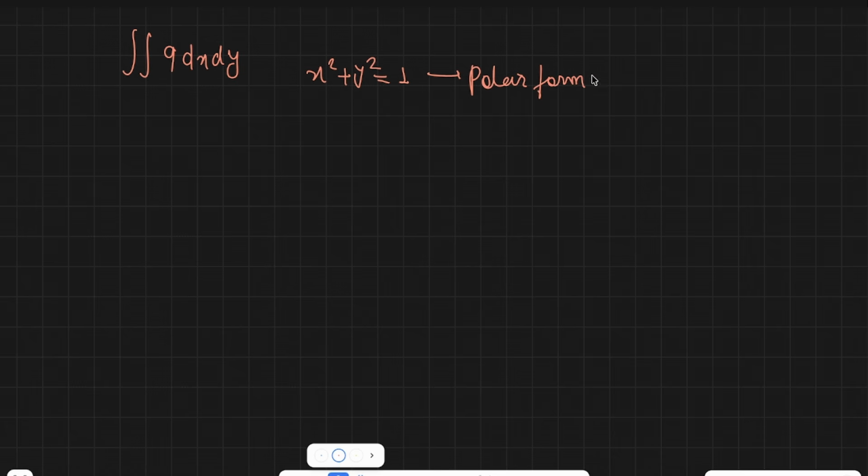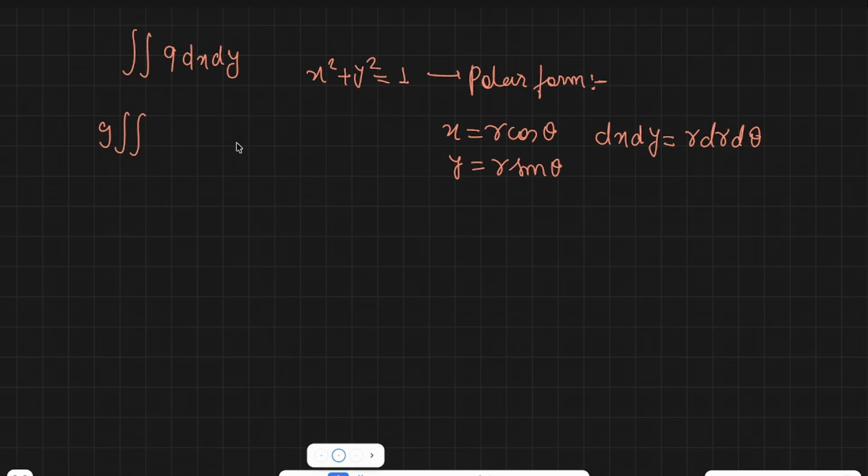So what is the polar form? x equals r cos theta, y equals r sin theta, and dx dy is nothing but r dr d theta. So take 9 outside, then apply the formula.